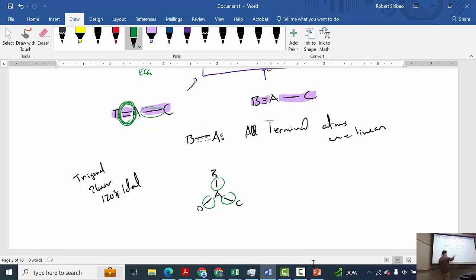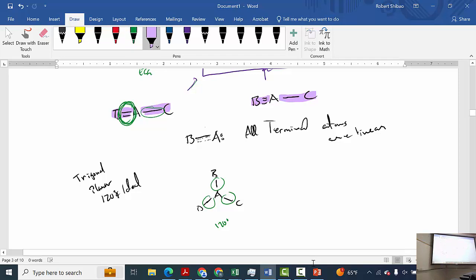Maybe just slight distortion. You know, let's say C is a lot bigger than B. Then I could distort it slightly. But we'll just say it's 120 degrees. Regardless of what the atoms are, this is going to be 120 degrees. And when we look at the molecular geometry, just the geometry of the bonded atoms, what shape is that? Trigonal planar.